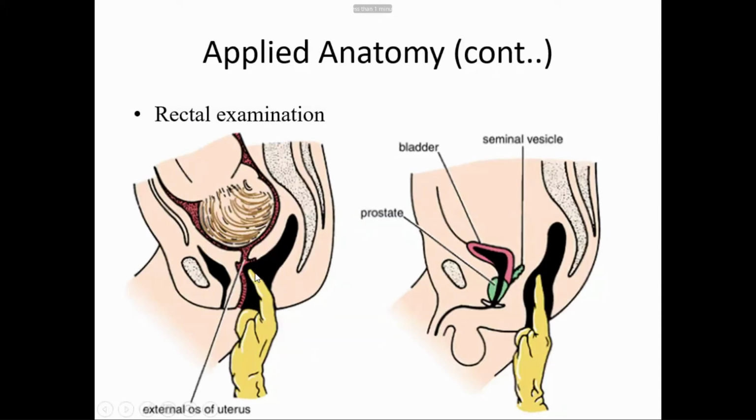In the female, per-rectal examination helps to know the condition of the uterus. In a non-pregnant lady, it helps to know the conditions of the vagina and the uterus, but in a pregnant lady, it helps to know the position of the fetus.